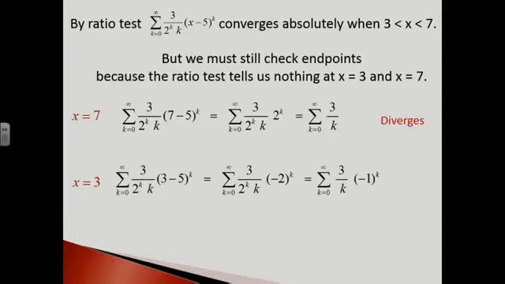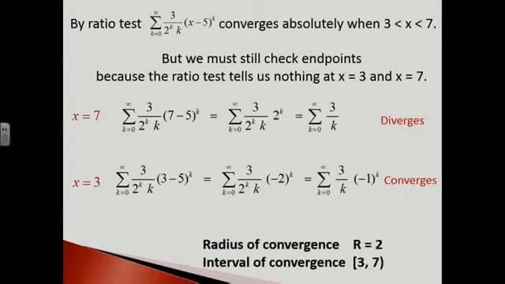Reducing 2 to the power of k yields sigma of 3 divided by k multiplied by (minus 1) to the power of k. This is an alternating series. 3 divided by k is decreasing and converges to 0. So, it converges by the alternating series test.